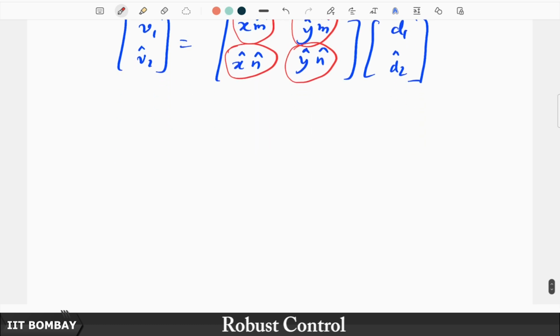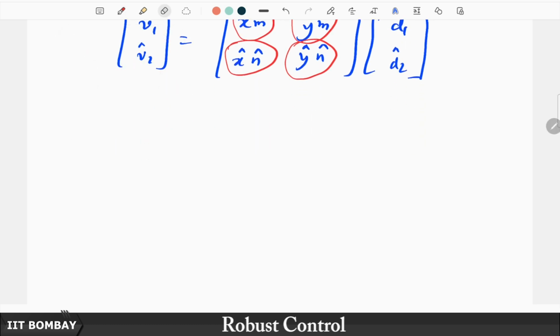So, here goes. Notice that if you start with the fact that x hat m hat minus n hat y hat, of course, in the scalar case it is very easy. This is the Bezout identity.